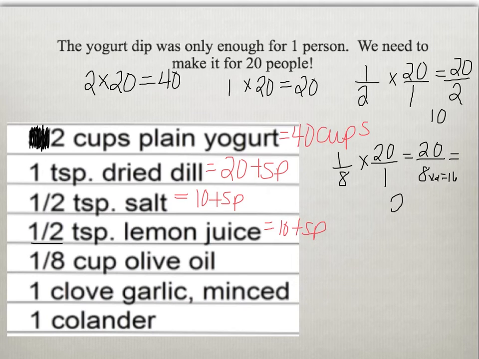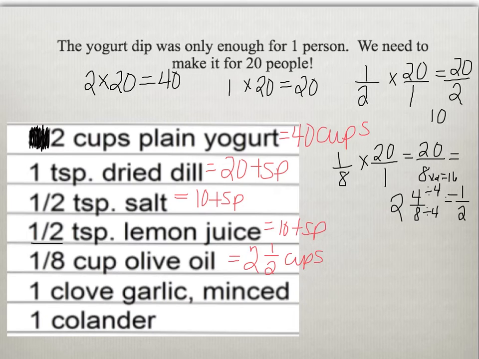So it goes in 2 whole times, and I have 4/8 left over. 4/8 can be divided by 4 on the top and the bottom in order to simplify. So 4/8 is also equal to 1/2. So that means that I need 2 1/2 cups of olive oil.